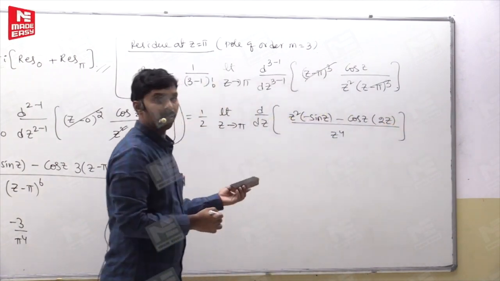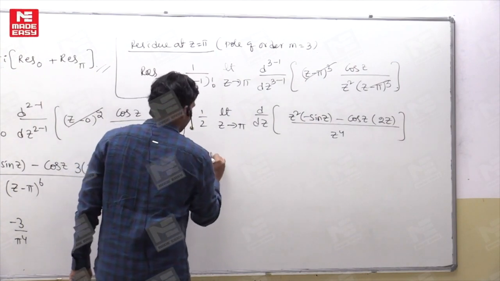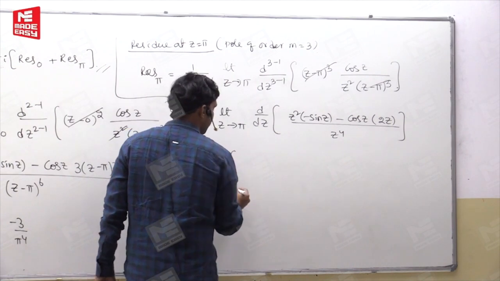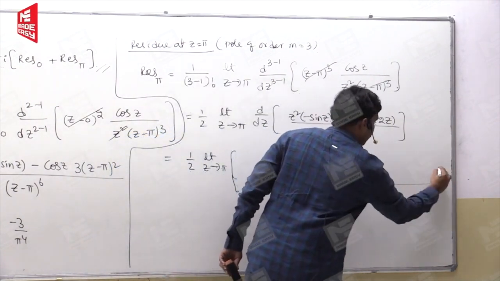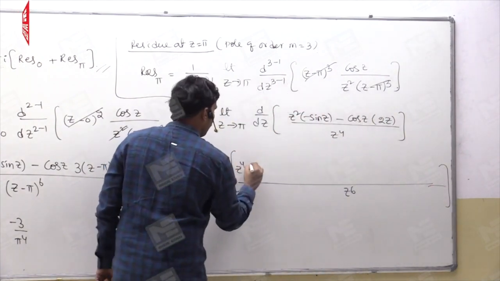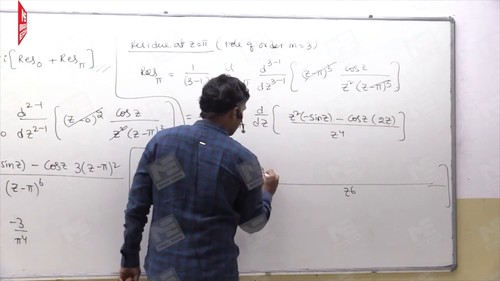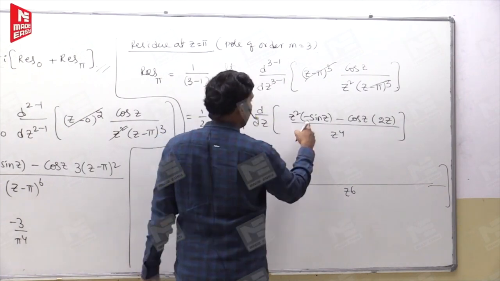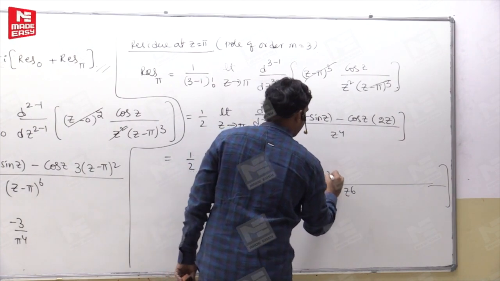So this is the one time differentiation, and then if you differentiate another time, you will be getting little bigger terms, but be patient and do all those things. That is z power 6 here, and this will be z power 4, and the differentiation of this one is minus 2z sin z, and minus, here it is cos z, so it is z square cos z.